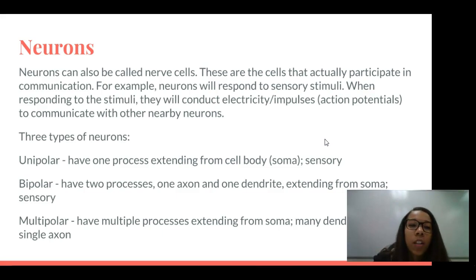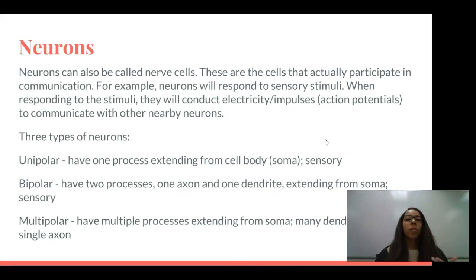You have three types of neurons. So, in the beginning I said you have two types of cells in the nervous system, neurons and glia. Each one of these has subcategories to them. The first subcategory here is the three types of neurons. You have unipolar, bipolar, and multipolar.